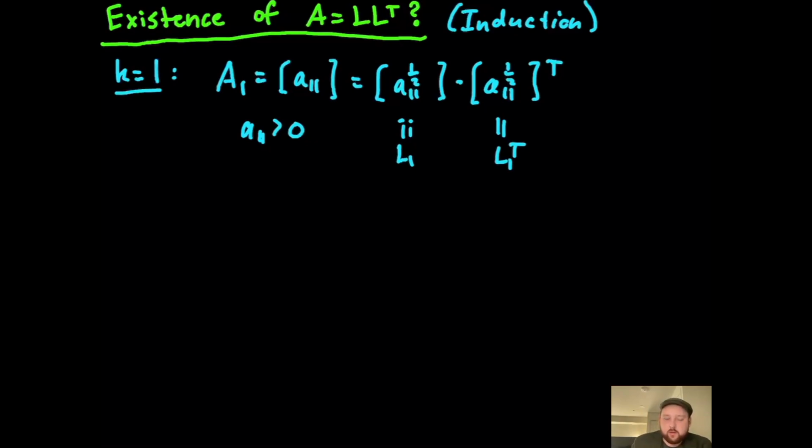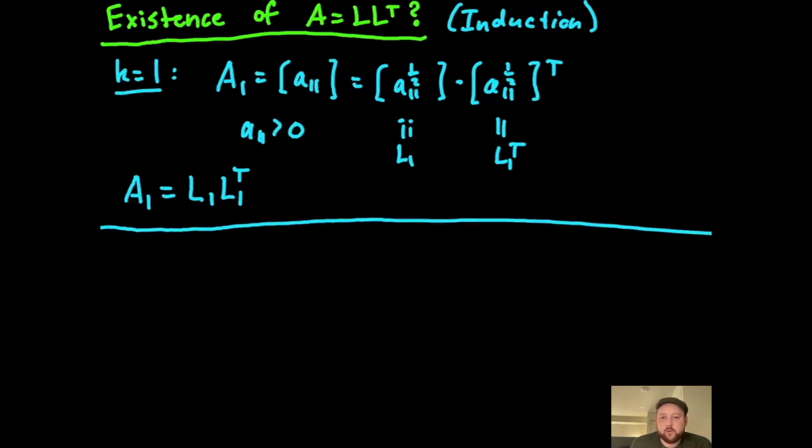So for the base case, we've shown that we can take A1, the first principal submatrix, and we've argued the existence of the Cholesky factor for the 1-by-1 submatrix. So that establishes our base case. So what would be the inductive hypothesis for our proof by induction?